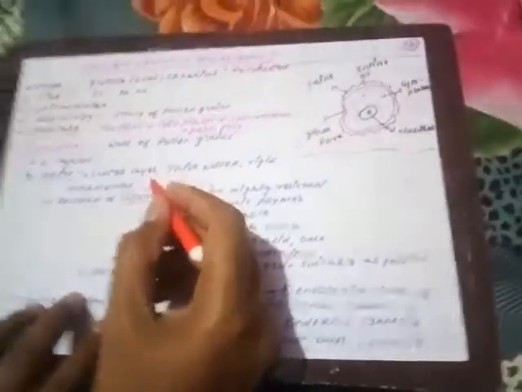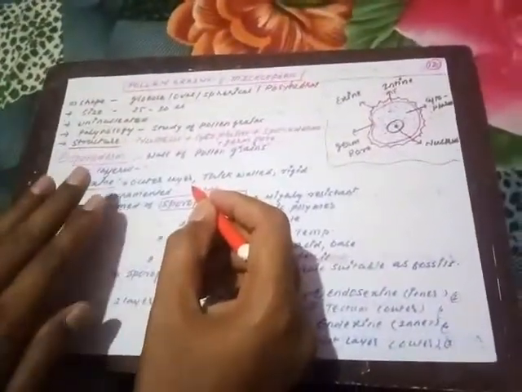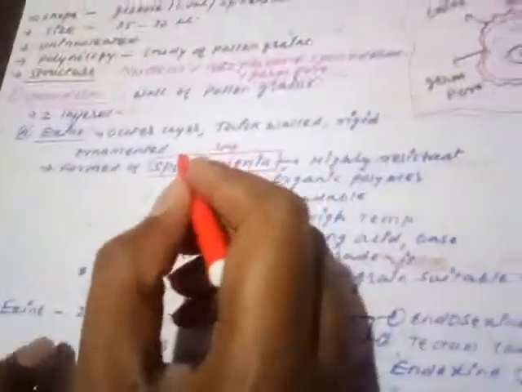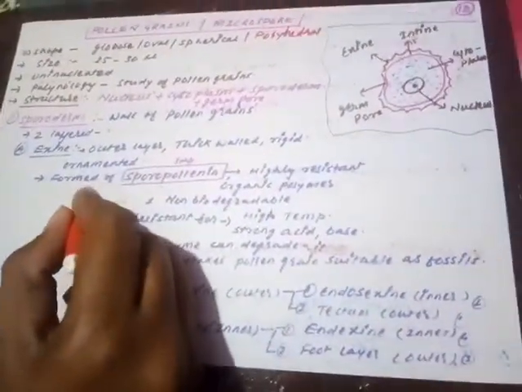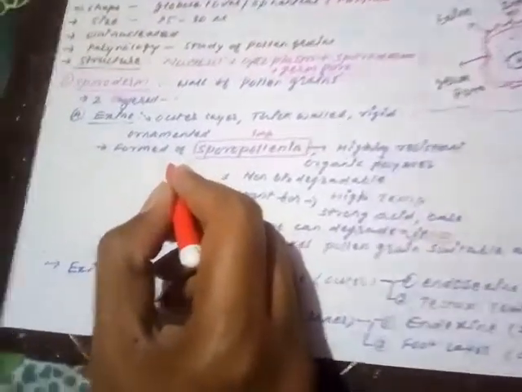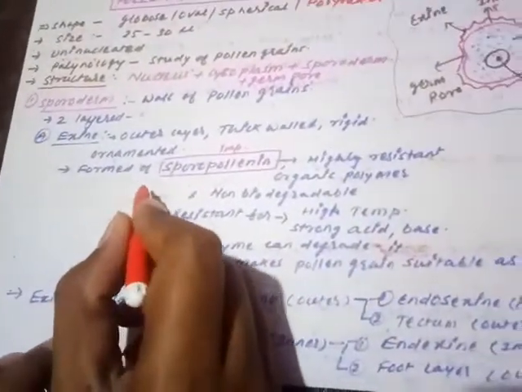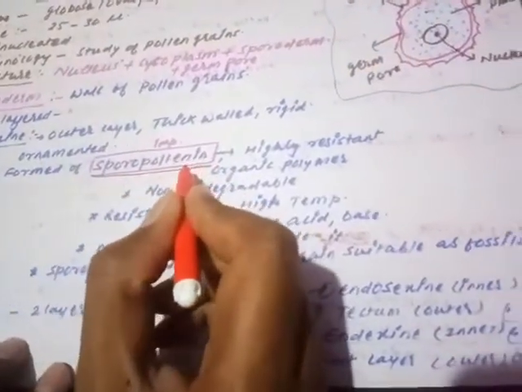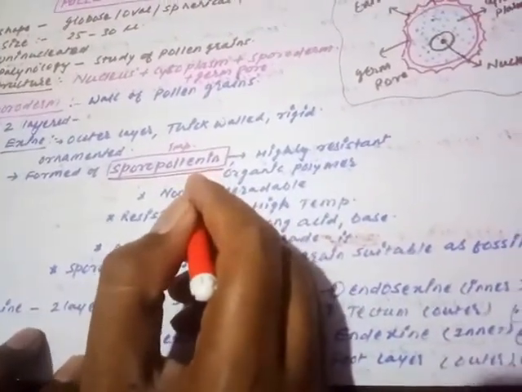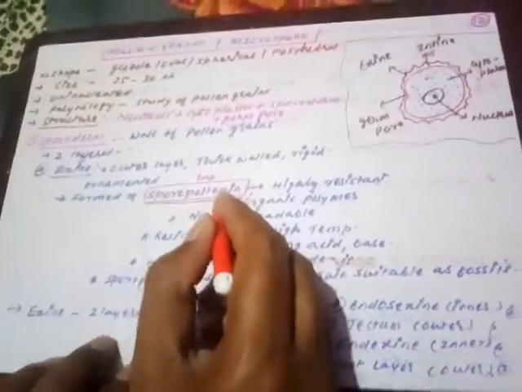Variously arranged exine gives specific shapes and appearance to the pollen grain. Now I am going to discuss a very important point: the exine is made of a very important molecule called sporopollenin. My dear student, this is a very important question, whether it is the NEET examination or the CBSE class 12th examination.